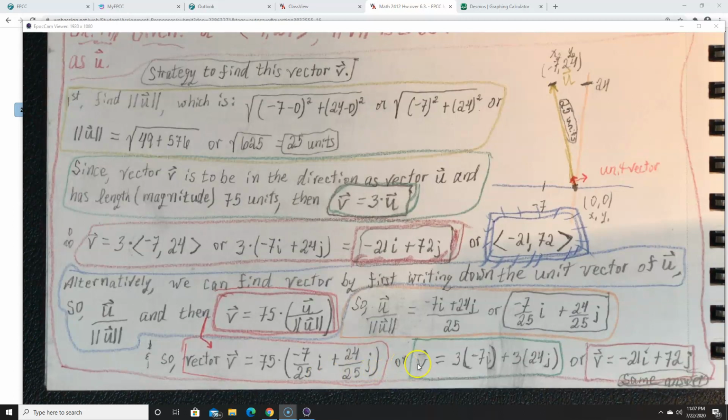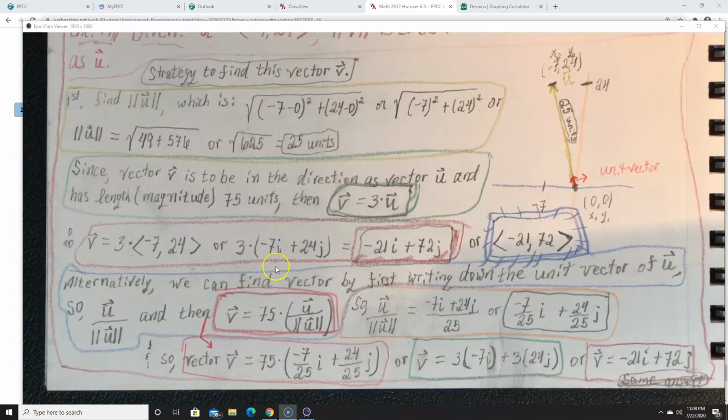So the new vector v is equal to 3 times the numerator, 3 times negative 7i, plus 75 again multiplied by this fraction, 24 over 25. 75 divided by 25 is 3. 3 times 24j, unit vector j.